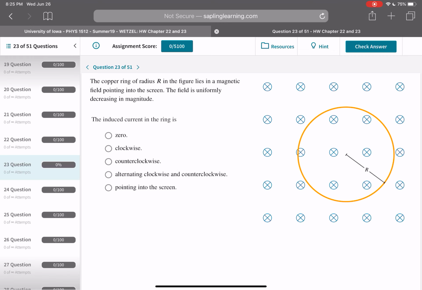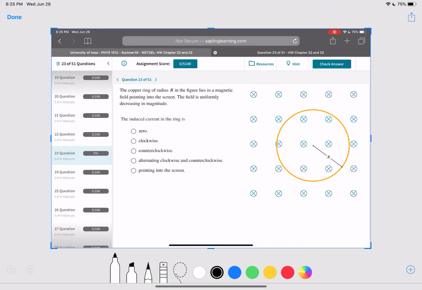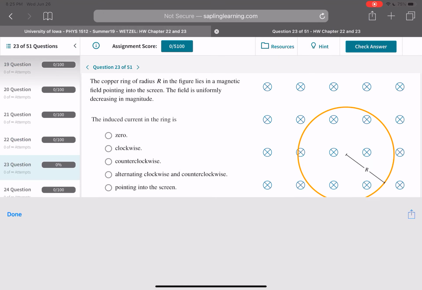So this is Faraday's Law or Lenz's Law. What happens to the current in the wire? So remember, your EMF in the wire is equal to d phi dt, or proportional to that change in flux over change in time. So the area is not changing, your wire's not changing, but the magnetic field strength is changing. So what's going to happen?